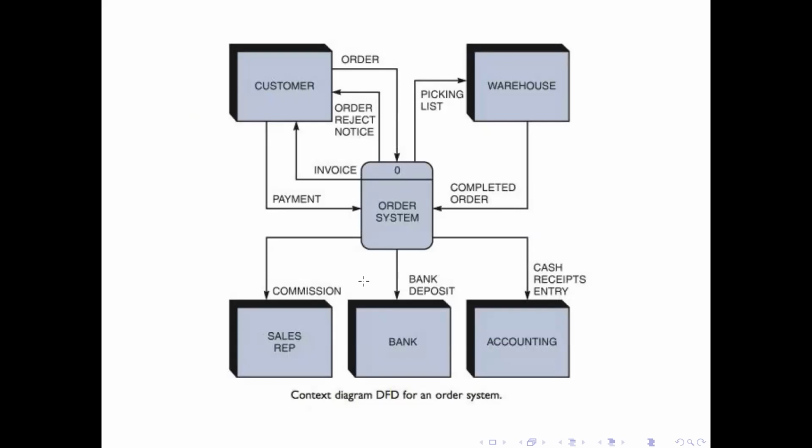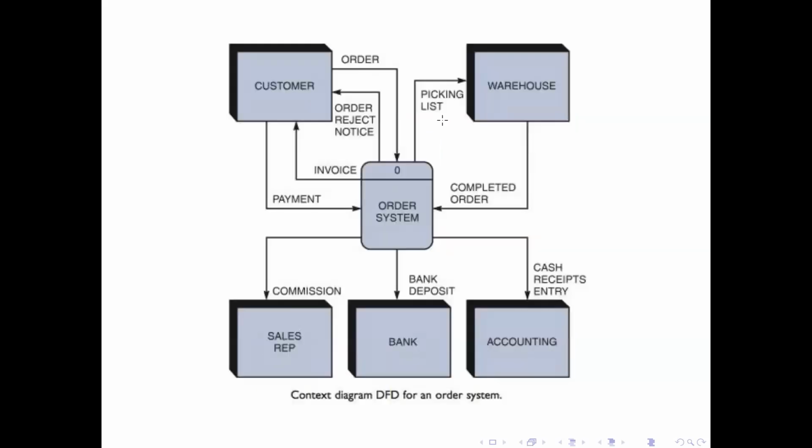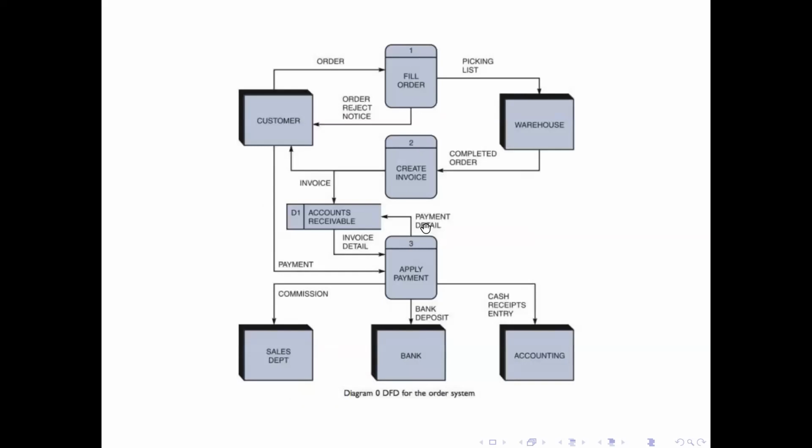So in the order system also, if you look at this, this is the context diagram, and these are the external entities, and these are the data flows. First, you go into details. In this one we expanded, and then we have three different processes: fill order, create invoice, and apply payment.